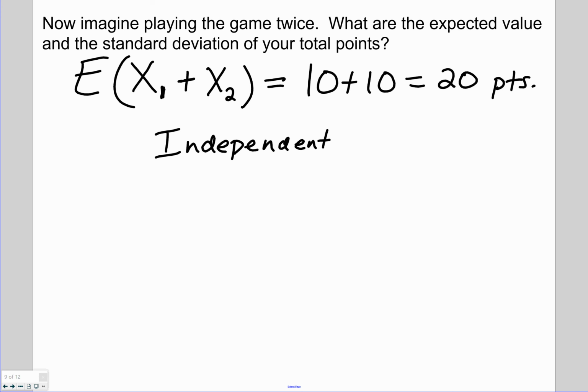And I told you, right at the end of the lecture, the most important thing to take away from this class are 2 words. Variances add. So we're not going to add the standard deviations. We're going to add the variances.